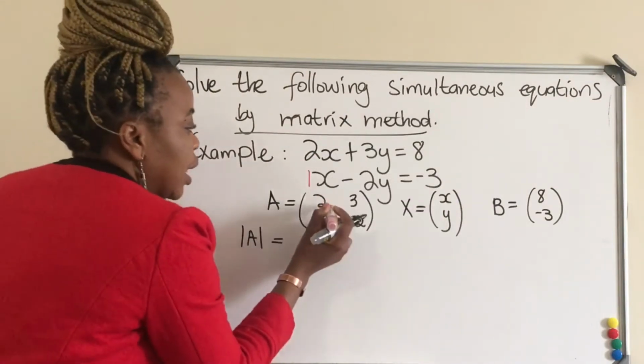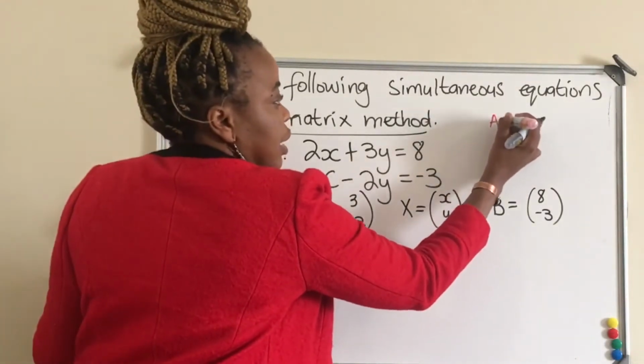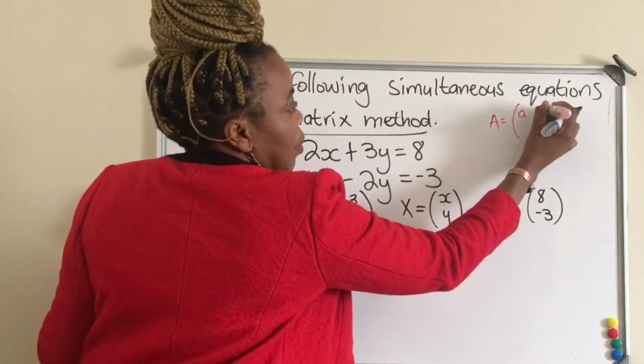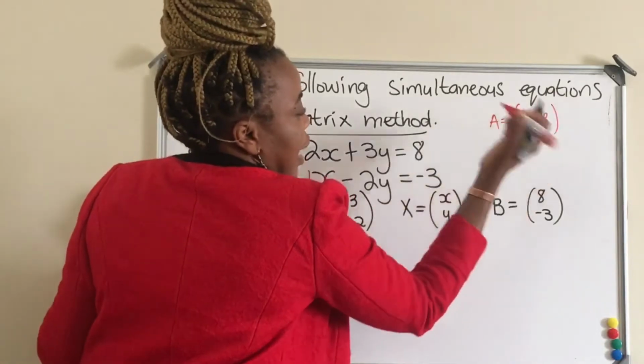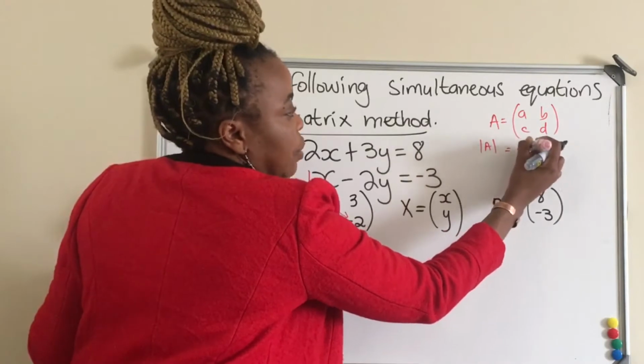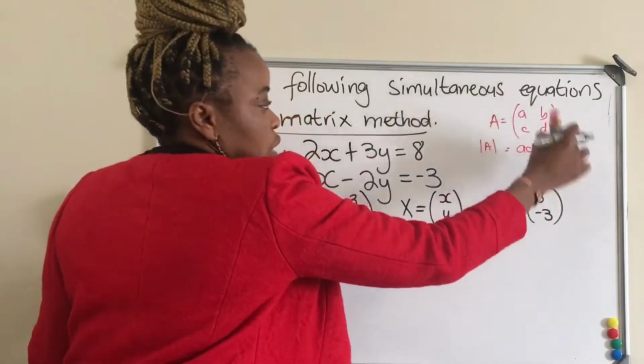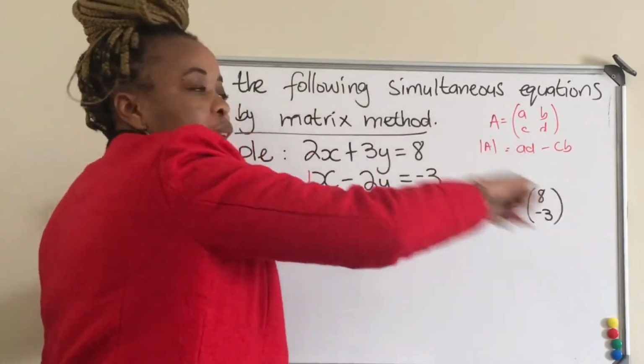So we always say this times that. Remember, there's a law that says if I have a matrix consisting of A, B, C, and D, then the determinant will be A times D, which is AD, minus CB. So it's just cross multiplying, but then minus the other one.